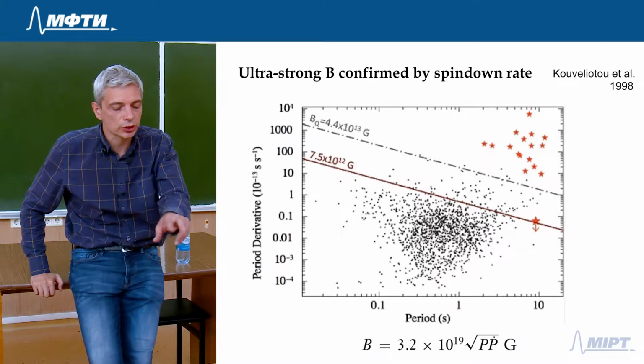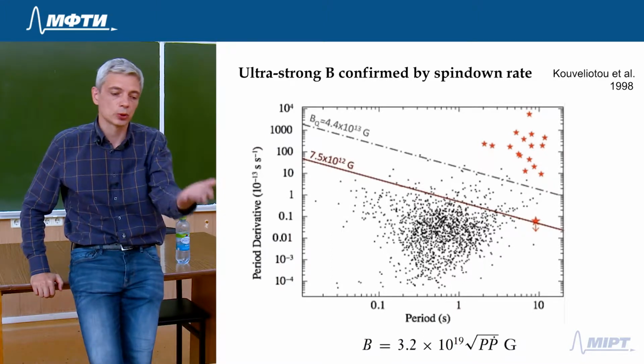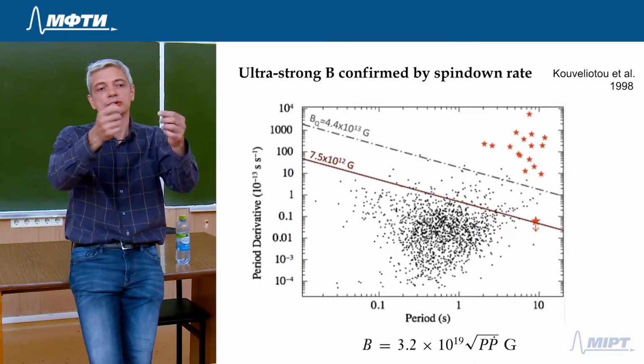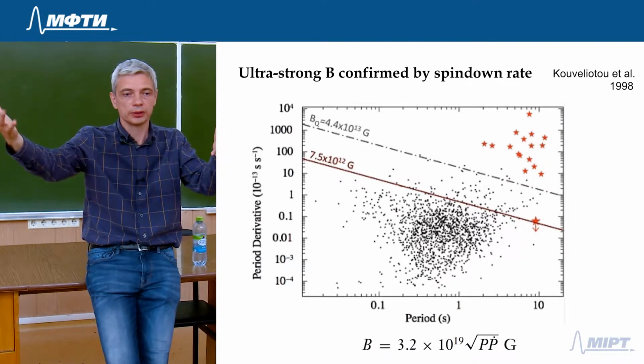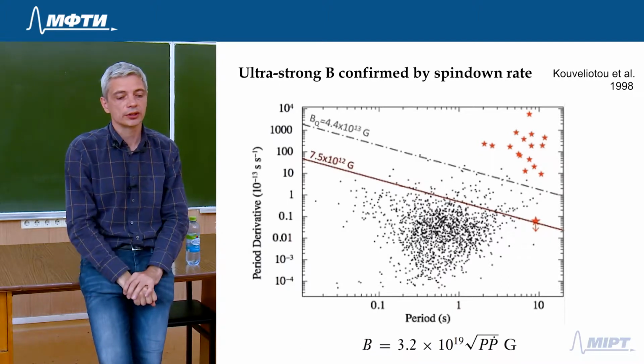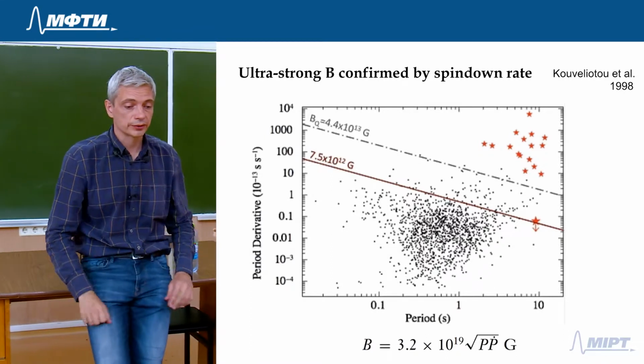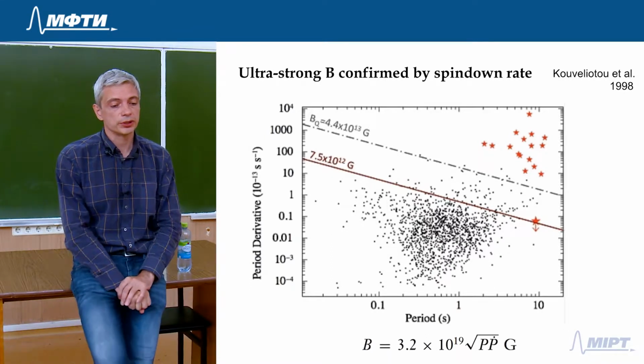And so if you just use that formula, turn it around and express mu, the magnetic moment, or the surface magnetic field, the magnetic moment is basically the radius cubed times B, the field, right? So if you express the magnetic field from that formula, that would be the formula at the bottom, it just tells you what this field should be from measured P and P dot.